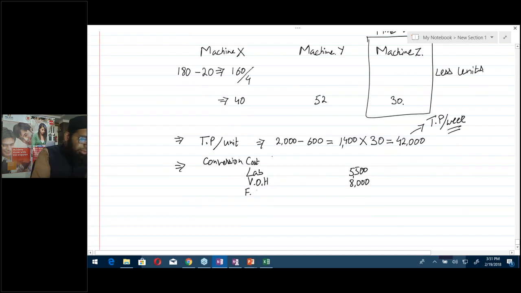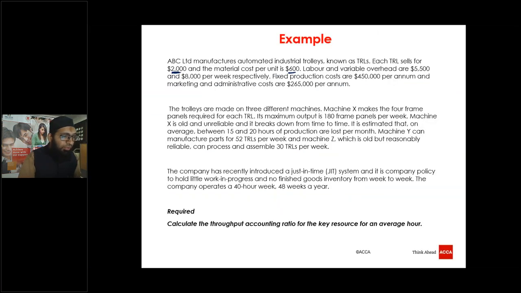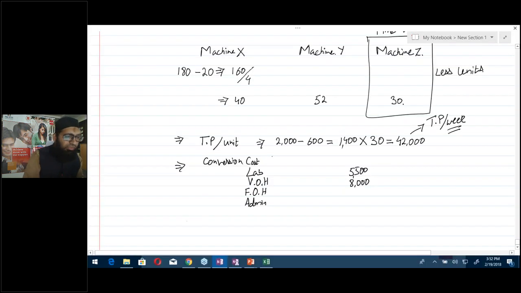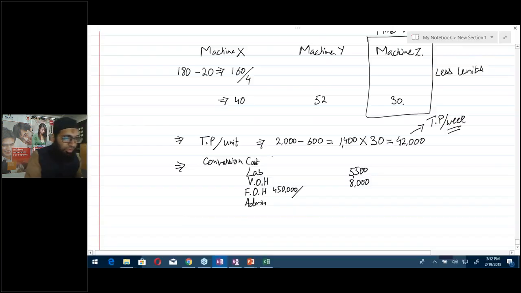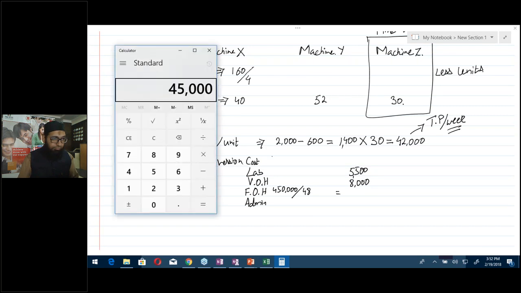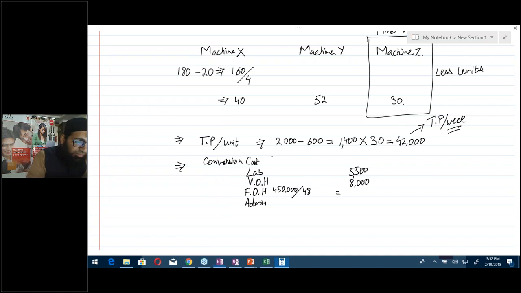So fixed overheads and admin. Now the fixed overheads are 450,000, and this is per annum. To calculate it per week, I will divide by the number of weeks, and there are 48 weeks in a year. So I will divide it by 48. It will be 9375.